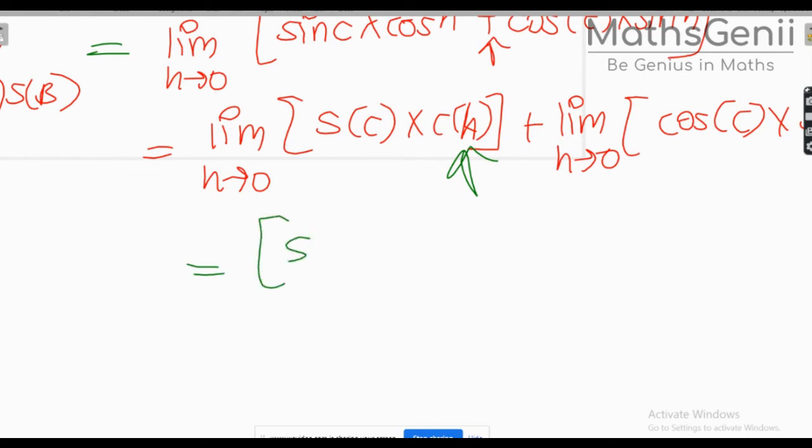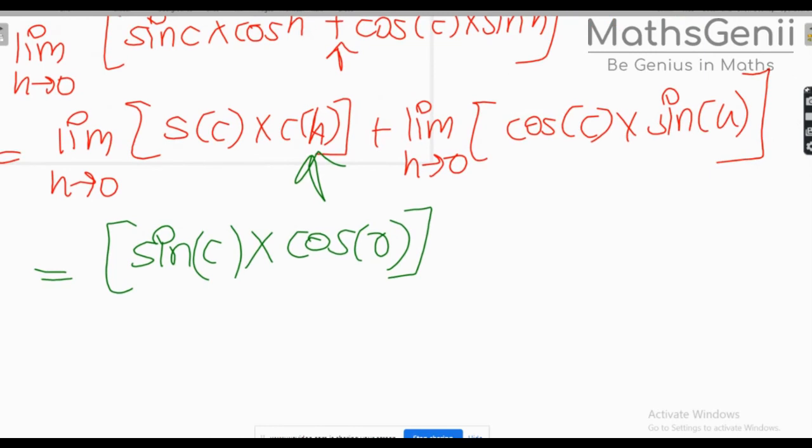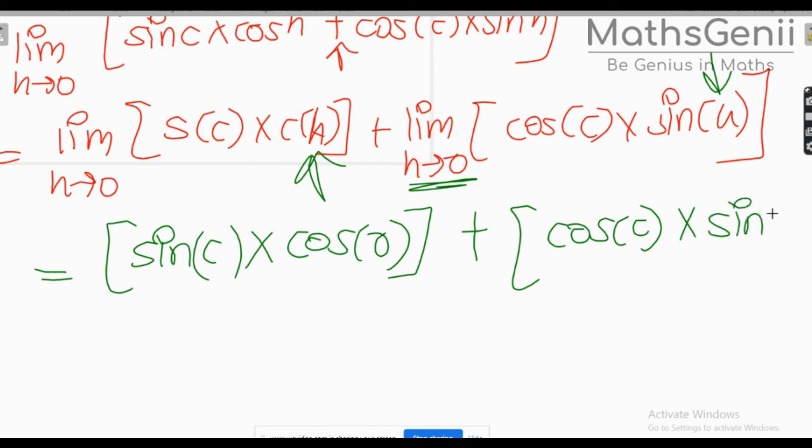So you will have sine c into cos 0 plus cos c into sine h. In place of h you are substituting 0, so you have sine 0.